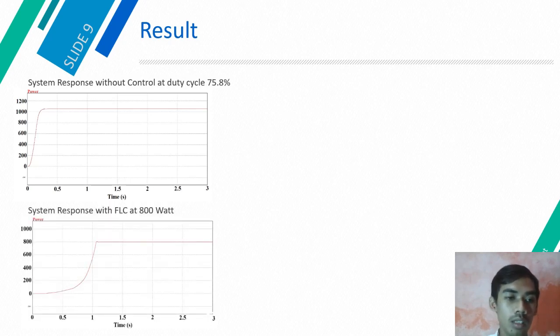The second one shows the system using controls. The set point of the FLC is the converter output power. If the set point is 800 watt, the percentage of accuracy with set point 800 watt is 99.559%.